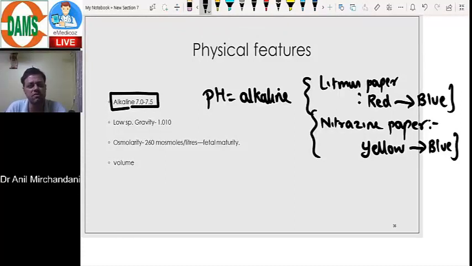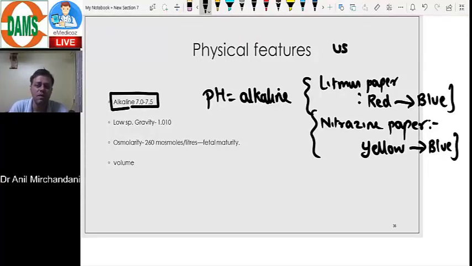If there is vaginal fluid, there will be acidic pH. It will remain red. But if there is amniotic fluid, it will become blue. Word of caution: blood is also alkaline, so blood may give false positive report. So blood may also change the color to blue.